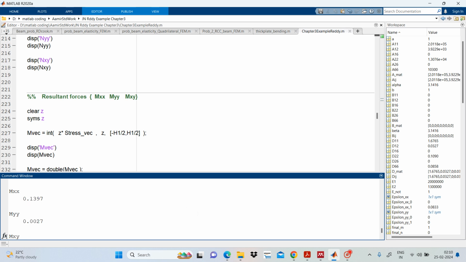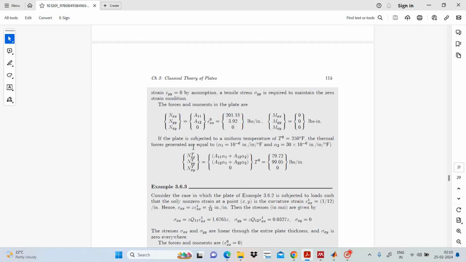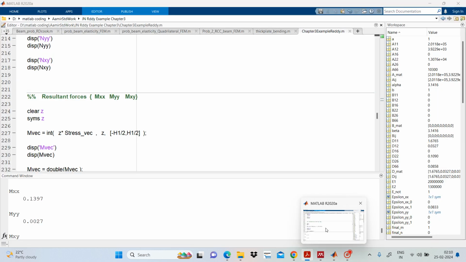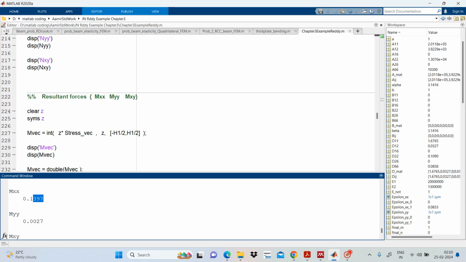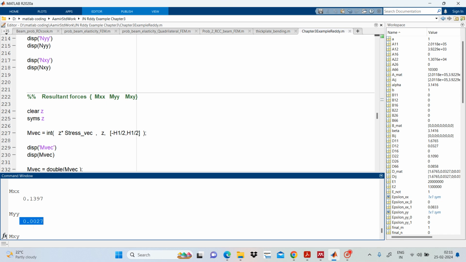Let's match with the results in example 3. We have 0.1397 here, then myy is 0.0027, and mxy is also 0 here.